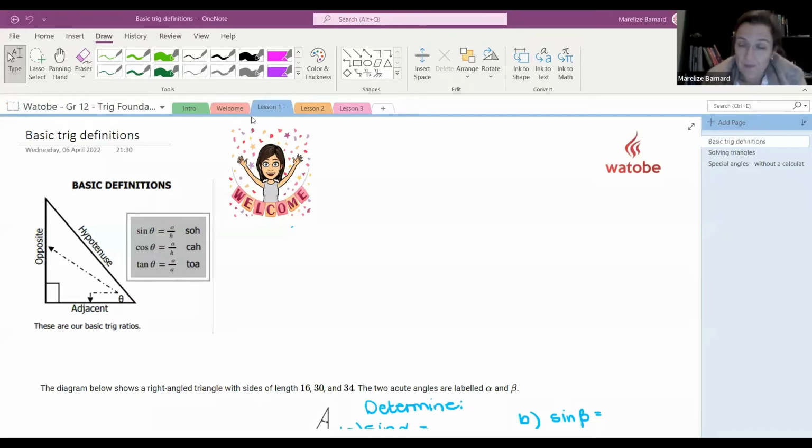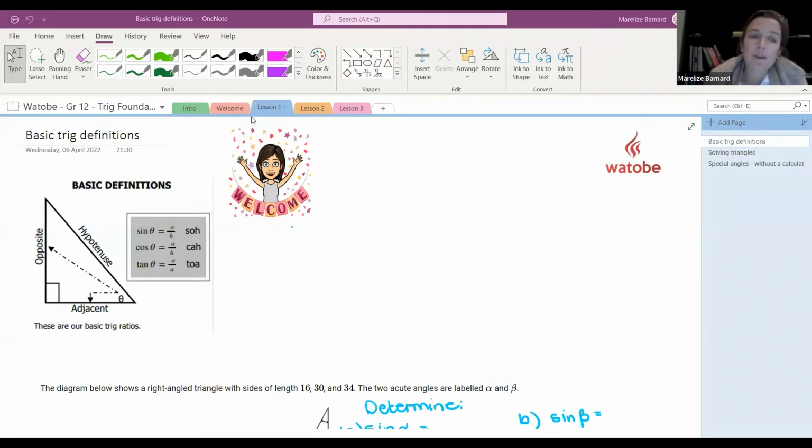So, trigonometry. What is trigonometry actually all about? We are literally going to start at the very beginning and remind ourselves about the three basic trigonometric functions that we get.